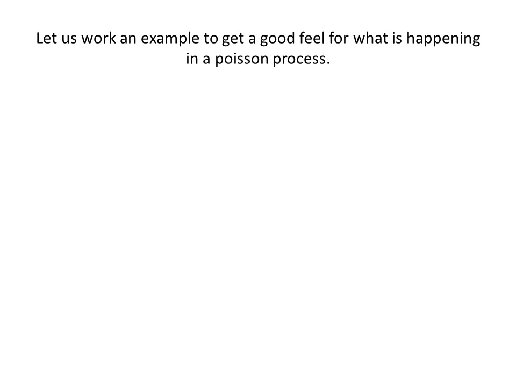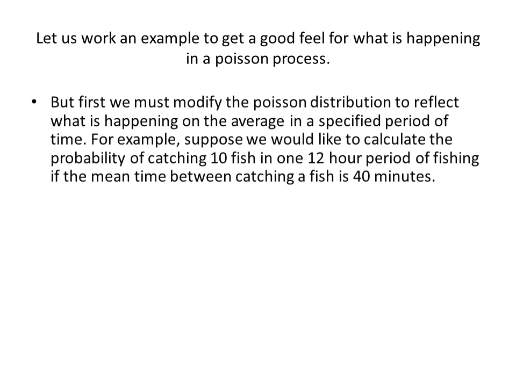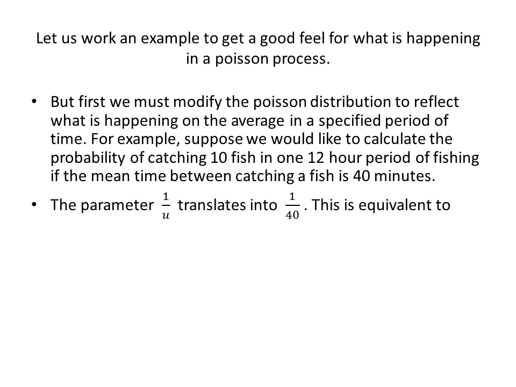Okay, let's work an example to get a good feel for what's happening and how to use these formulas in a Poisson process. We need to know how to modify these functions in order to accommodate the actual event. For example, suppose we would like to calculate the probability of catching exactly 10 fish in a 12-hour period of fishing if the mean time between catching a fish is 40 minutes.